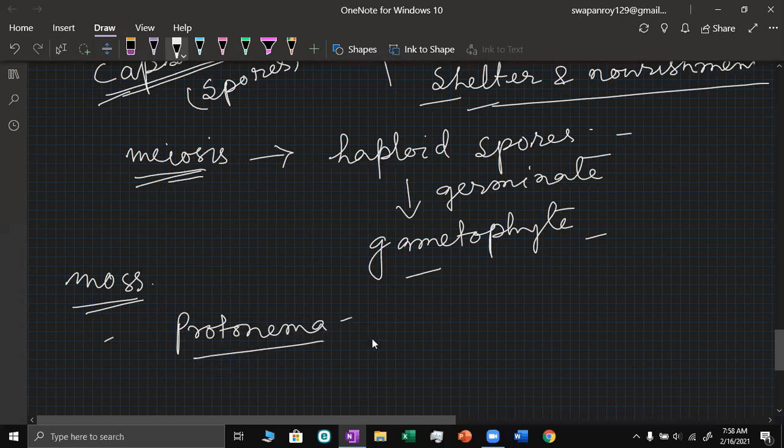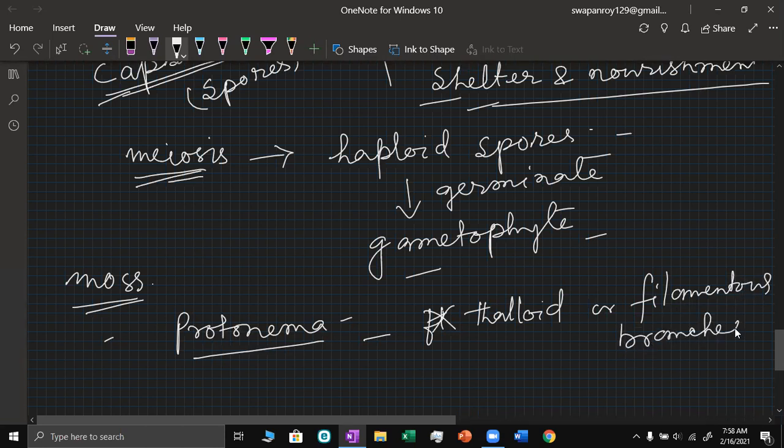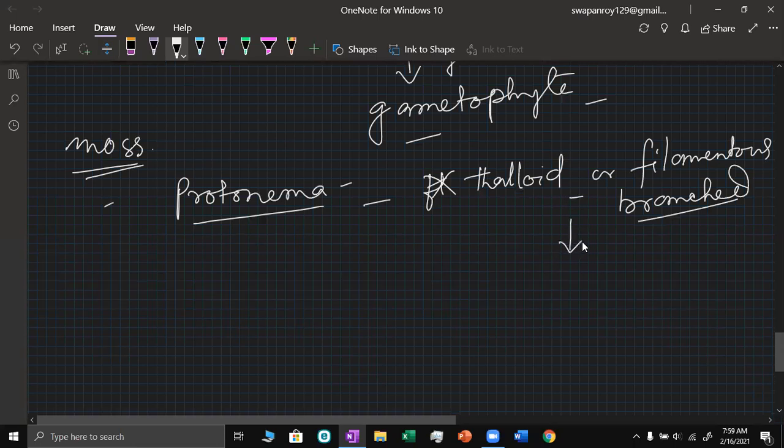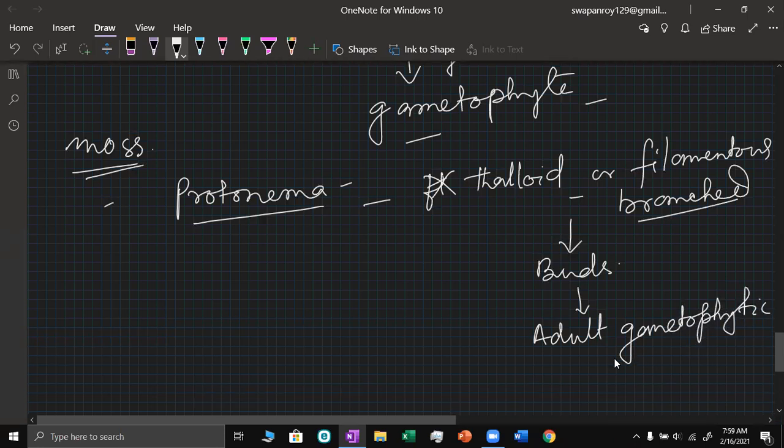This protonema is either thalloid or filamentous, a filamentous and branched structure, and the protonema gives rise to buds, and from the buds the adult gametophytic plants develop.